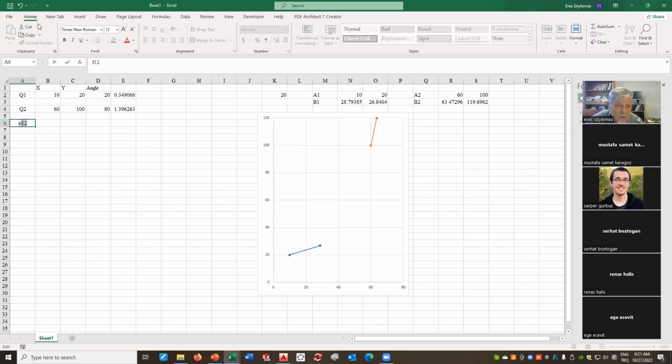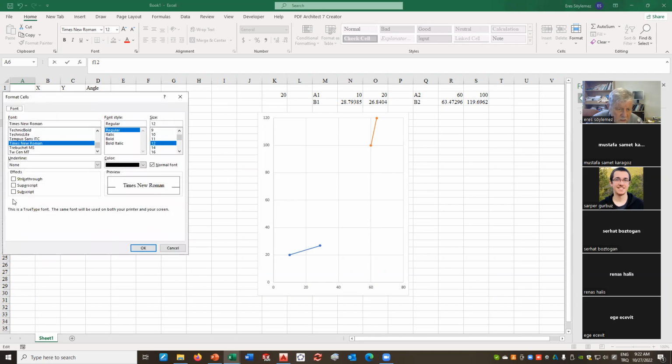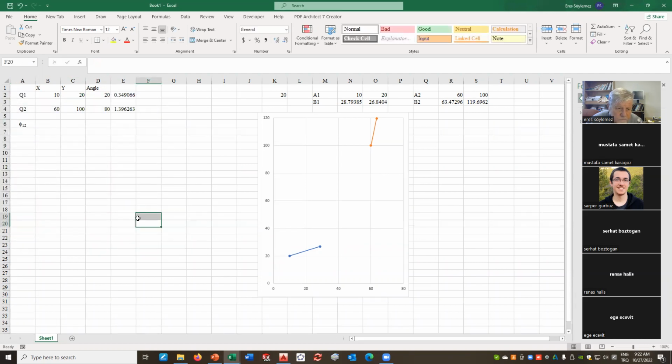And phi 1, 2 will be subscripts. I didn't make these other Q1, Q2 subscript, but I will do it. Phi 1, 2 will be equal to phi 2 minus phi 1, or in radians, it will be like that.